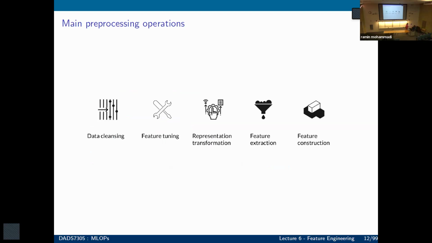That's feature tuning. Representation transformation. What do you think of that? Merge into embeddings. Yeah, embedding is one of those. Feature extraction is when you do something like feature selection to pick the best, most important features. And then feature construction, which is when you build a new set of features from whatever features you deem important.